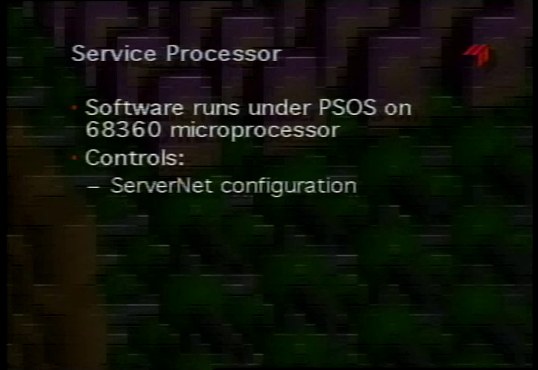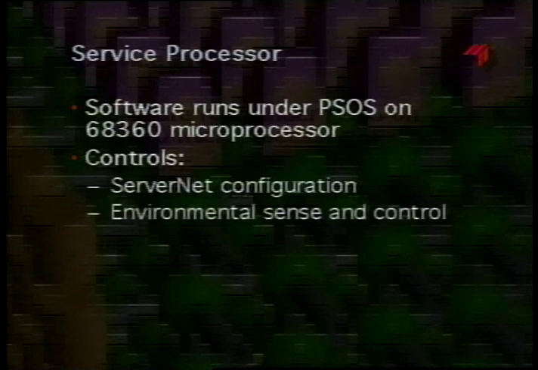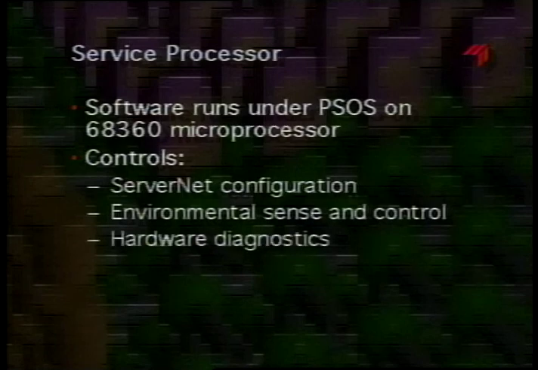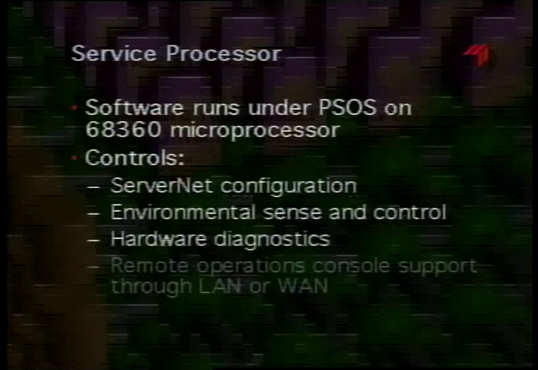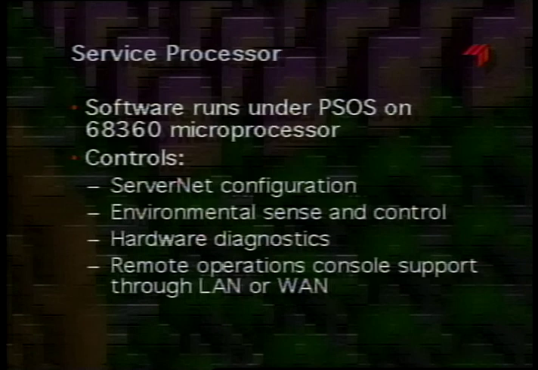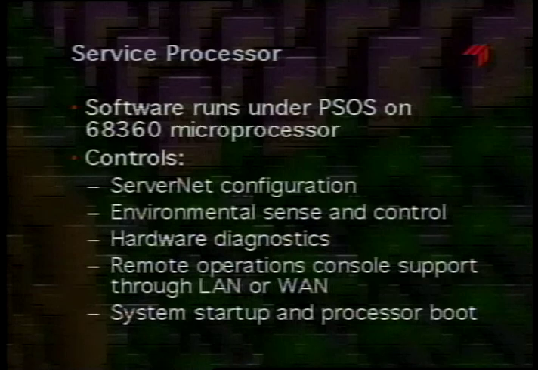The configuration process makes sure that the system is not configured with deadlocks which would cause the system to lock up. The service processor controls and has access to the environmental sense and control circuitry, and it controls hardware diagnostics and has support for remote operations through local area network or wide area network connections to remote processors. Finally, the service processor also controls the system startup and processor boot in the Tandem design systems.